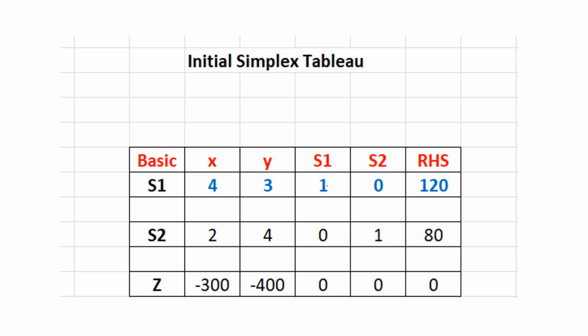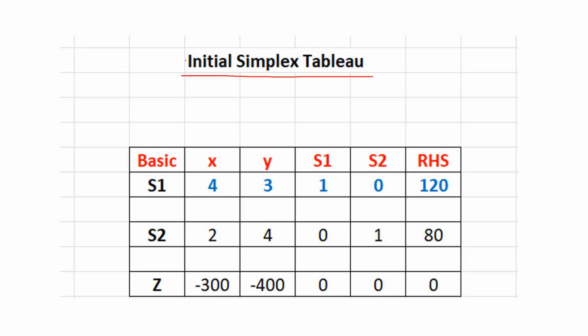So 4x plus 3y, 1 s1 plus 0 s2 equal to 120. Then s2, 2x plus 4y, 0 s1 plus s2 equal to 80. Then you have z minus 300x minus 400y, and these values are 0.